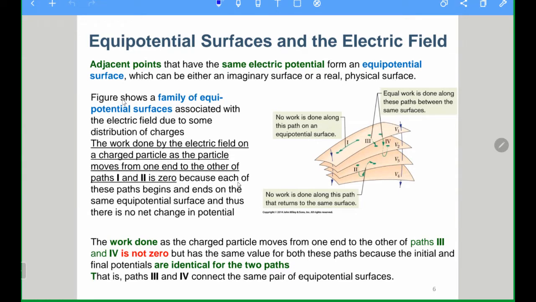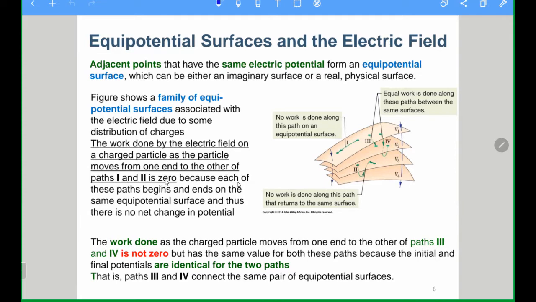The figure shows a family of equipotential surfaces associated with the E field due to some distribution of charges. And it says, this is the highlight point, the work done by the E field on a charged particle as the particle moves from one end to the other end of path 1 and 2 is 0.